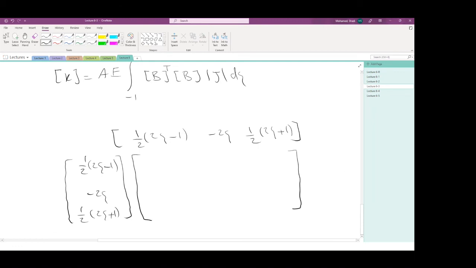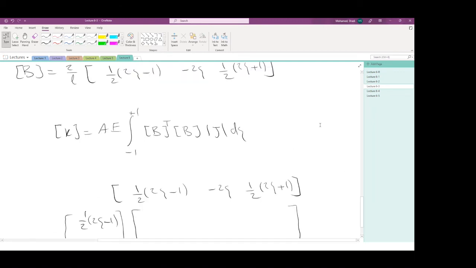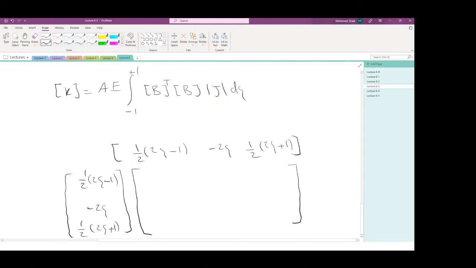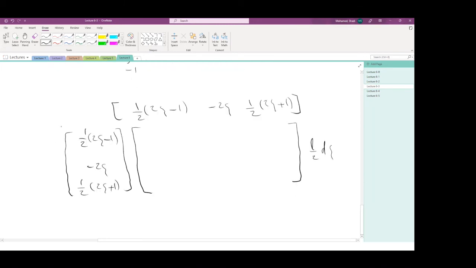And the determinant of the Jacobian, I've got the Jacobian here. So it is L over 2. I'll just write it down. So it is L over 2. The integral over xi, and I have EA to the outside. So this is running between minus 1 to plus 1. And I've got the stiffness matrix here. Yeah, I'm running out of space.